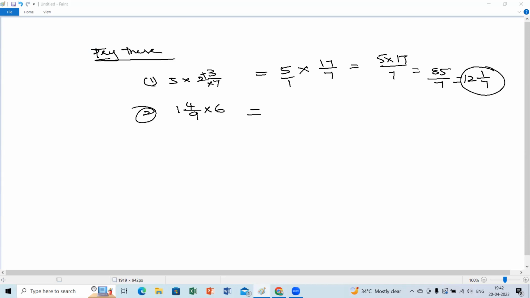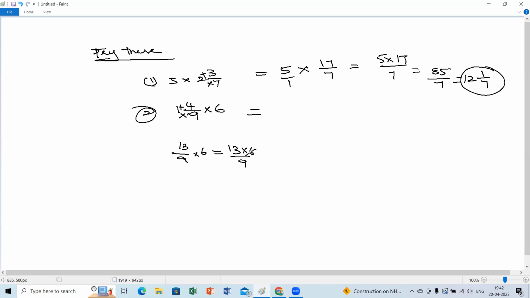78 by 9, which is 8 2 by 3. Come on, children, please do it fast. Why are you taking so much time? Yes, correct. Both correct, Kritvik. Yes. So 9 plus 13 by 9 into 6. So 13 into 6 by 9.